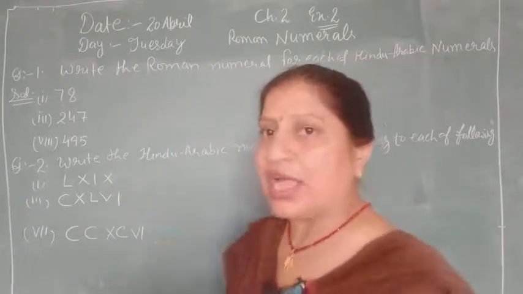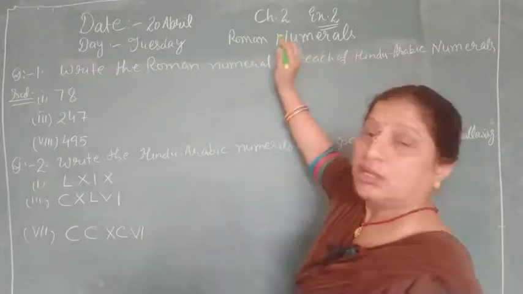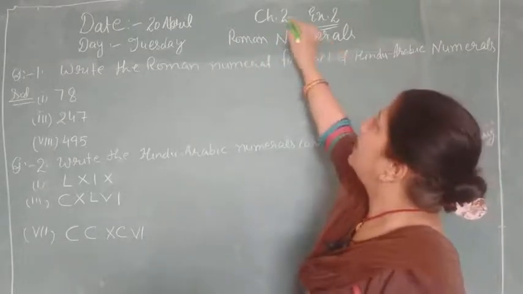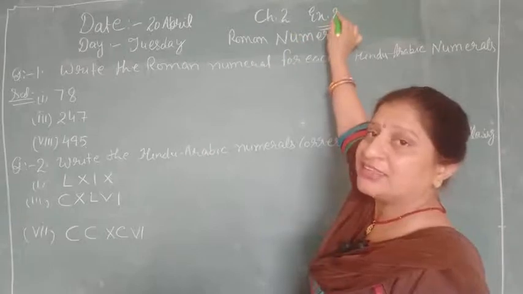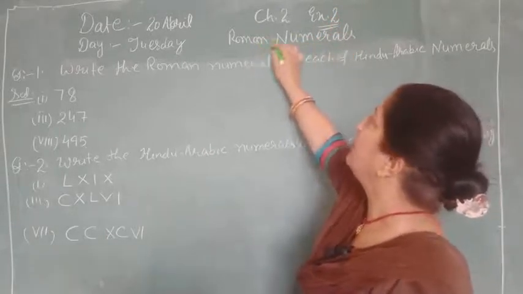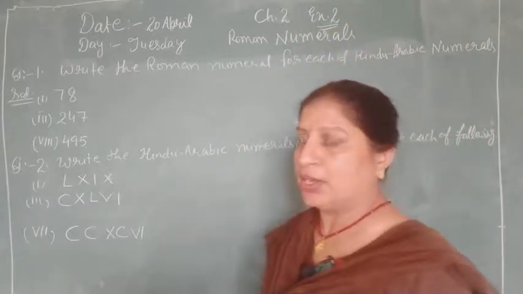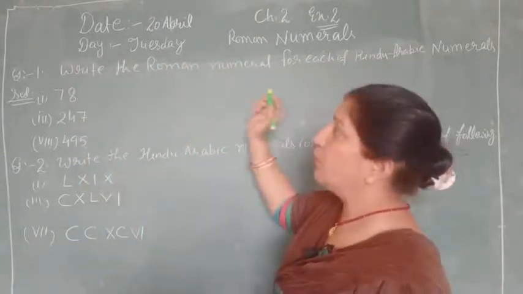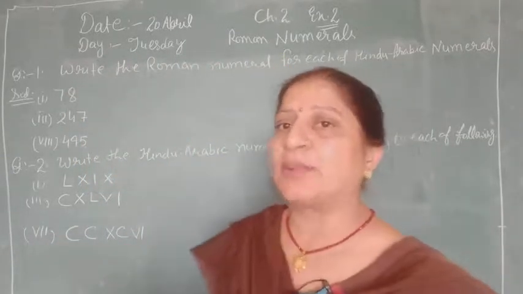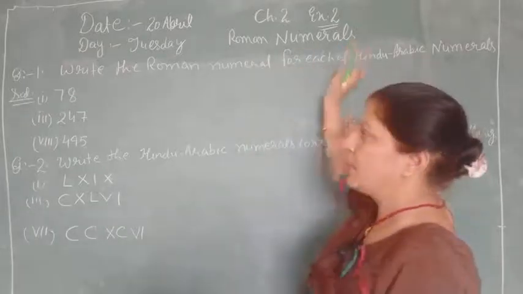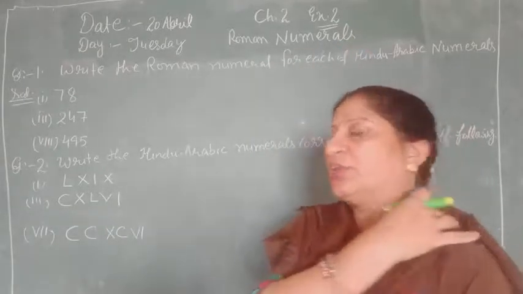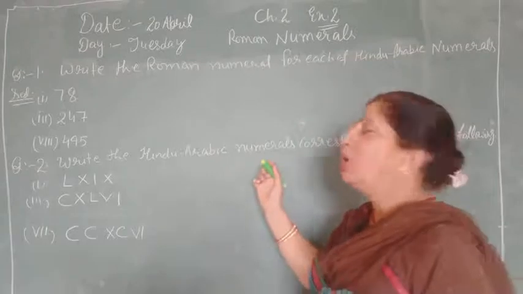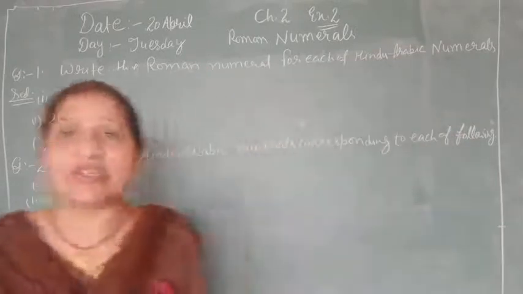And in today's class, we learn 5th class maths, chapter number 2, exercise number 2, and the chapter name is Roman numerals. In our previous video, we learned the basic concept of Roman numerals. And now in this video, I will explain the questions of this chapter.